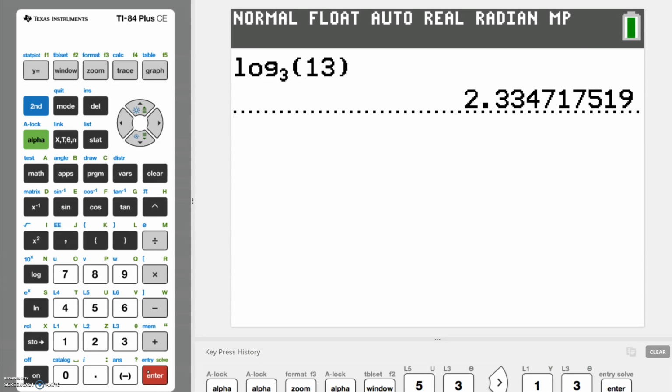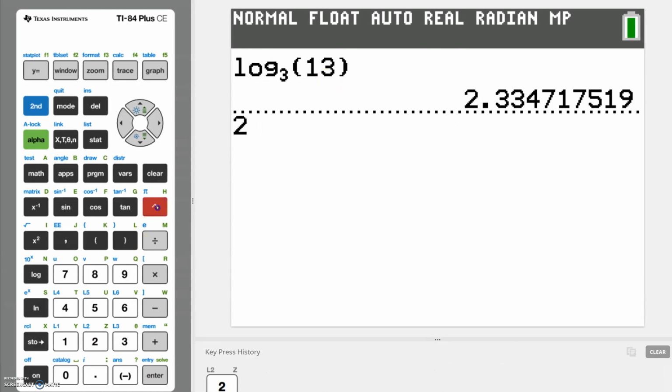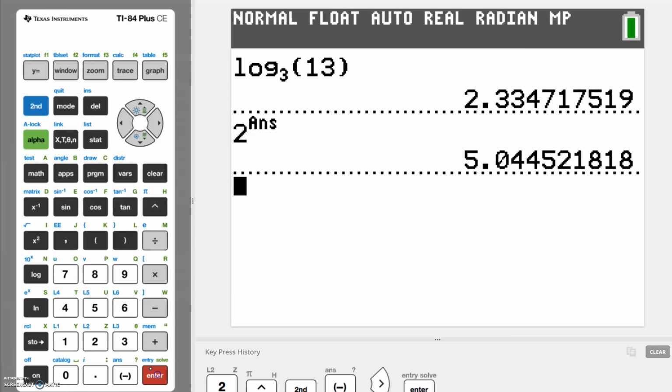and there is your answer. So remember what that means is that if I raise 3 to this power here, this 2.335 power, I will get 13. Let's just test that. Oh, I was supposed to be doing 3 to that power.